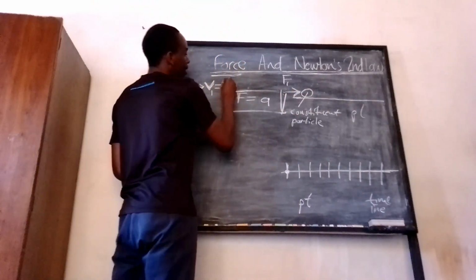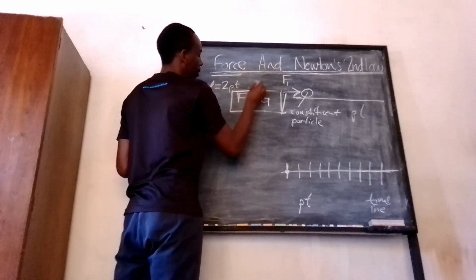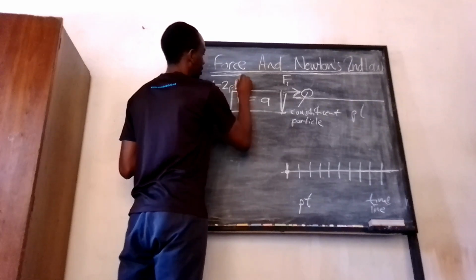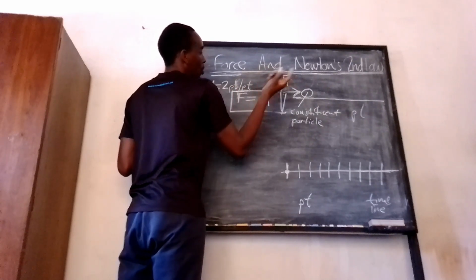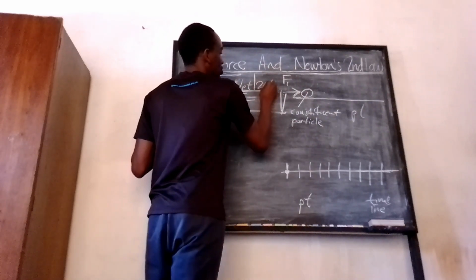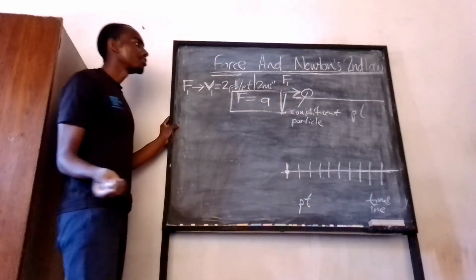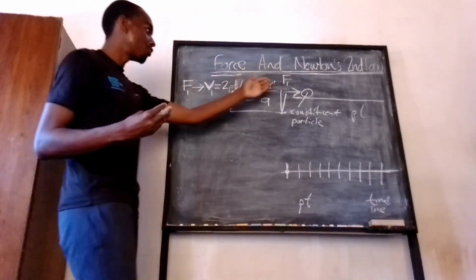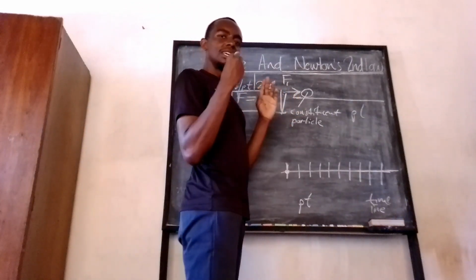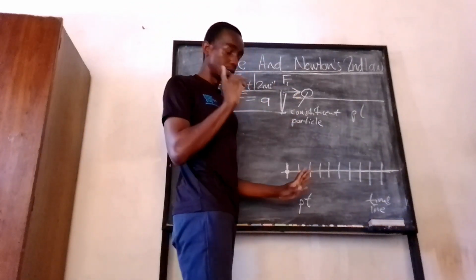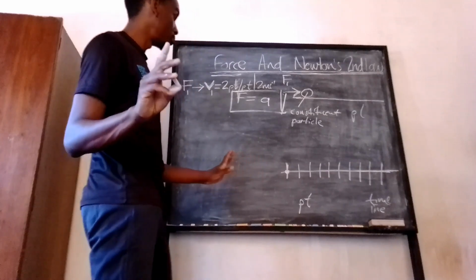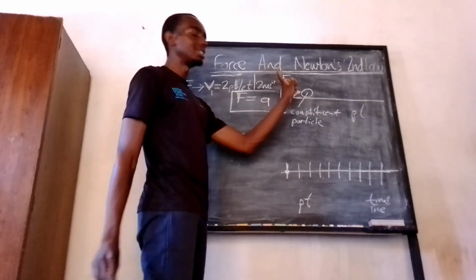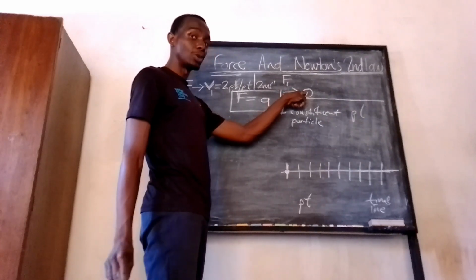For example, it might be 2 part length per part time, or if you want, you can just think of this as 2 meters per second. So if you apply F1, it produces a velocity of 2 meters per second in this constituent particle.